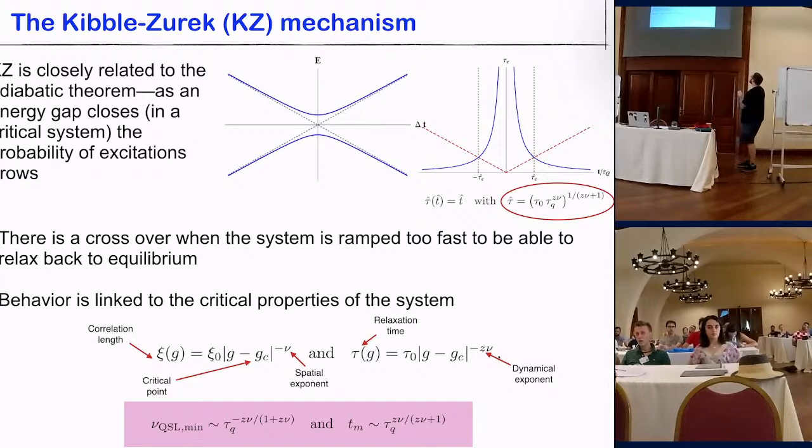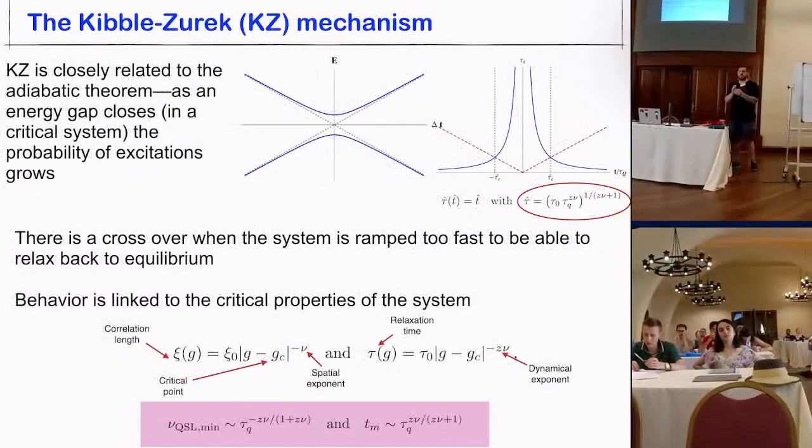How he derived it was a little bit heuristic, a little bit hand-wavy: there's a point where the rate at which the ramp is changing, mostly for linear ramps, is equal to the inverse of the energy gap. That point signals the transition between adiabatic dynamics and this impulse regime. There's a whole framework that goes into this that we're not going to be too worried about, but this is what the Kibble-Zurek mechanism was telling us.